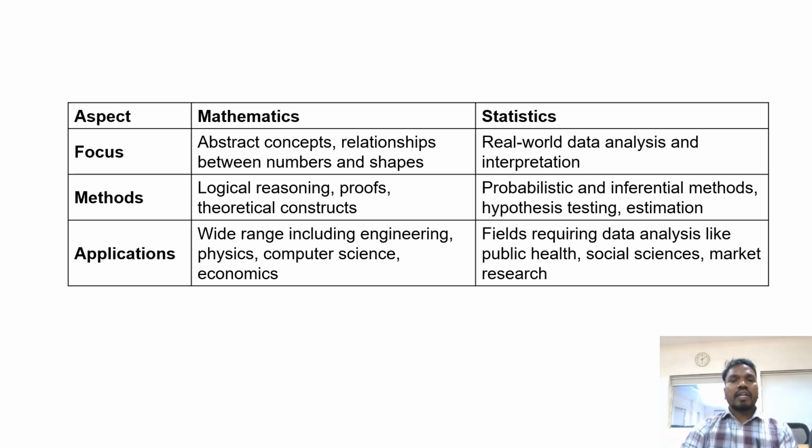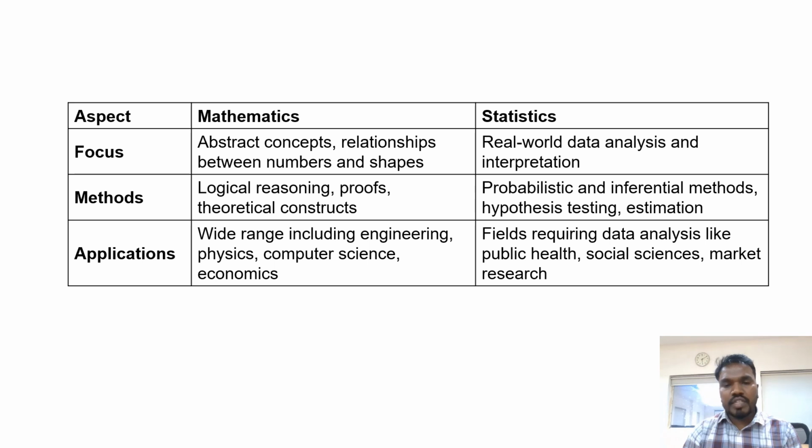Clear? I just want you to understand how mathematics and statistics are different, even though they are interlinked, in three aspects: focus, methods, and applications. When it comes to focus, mathematics deals with abstract concepts like equations, numbers, and the relations between them.